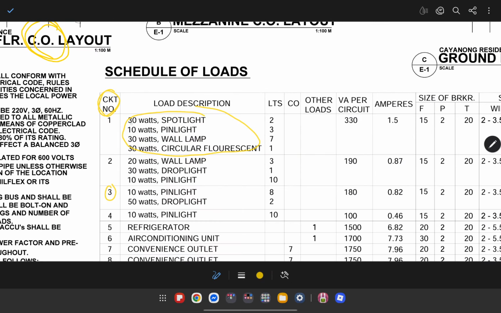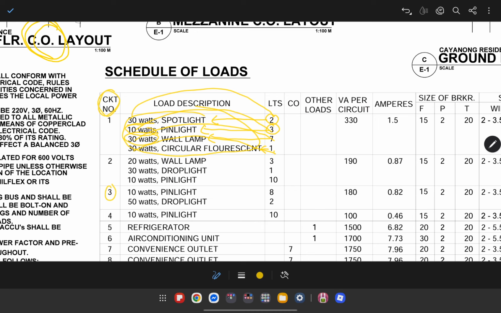So in this case, for example, circuit number 1, there are 2 spotlights, so you'll have to write here 30 watts, and then there are 3 pin lights which are all 10 watts, and then there are 7 30 watts wall lamps, and so forth. After that, you'll just have to multiply 30 times 2, 10 times 3, 30 times 7, and then 30 times 1.